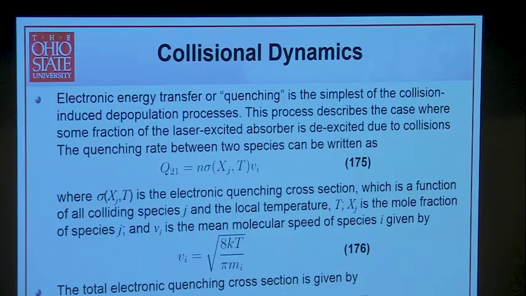Now, we sum all of these up, and we get the total electronic quenching cross-section. So we sum up all of our different species that we run into, and we can get an effective quenching cross-section. Again, they're molecular mass and temperature dependent for all the colliding species J. So this is in general how you deal with this. If we want our total cross-section that goes into our quenching rate, so we want to put in one value, we have to take all our different partners.